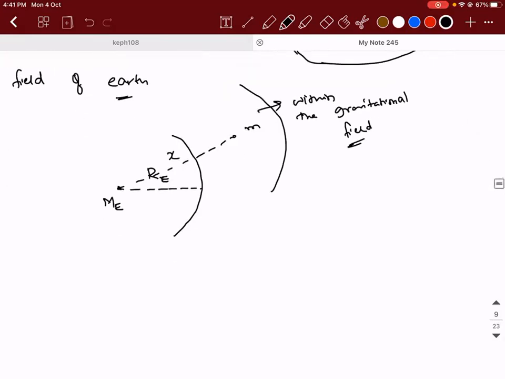So what will happen to this object? It will experience a gravitational force towards the center of the Earth. In order to ensure that it is balanced, we need to apply some external force in the opposite direction, slightly greater than the gravitational force, so that you're controlling its acceleration.